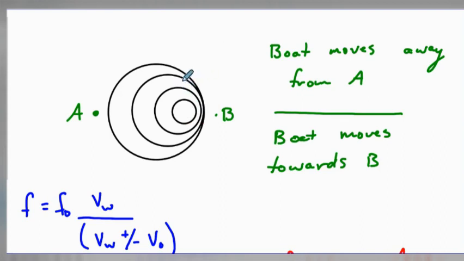Let's work through some examples of how we can determine the speed of our boat. Once again, we have a boat here moving in a direction. And what person A and person B are going to see is very different.